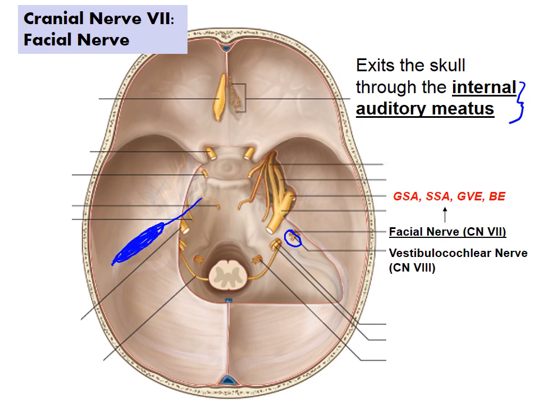If you notice, the first 6 nerves exited the skull anterior to the petrous portion of the temporal bone. The remaining 6 nerves all exit the skull posterior to it. So we have 1 through 6 somewhere here, and then we have 7 through 12 posterior to that petrous portion.